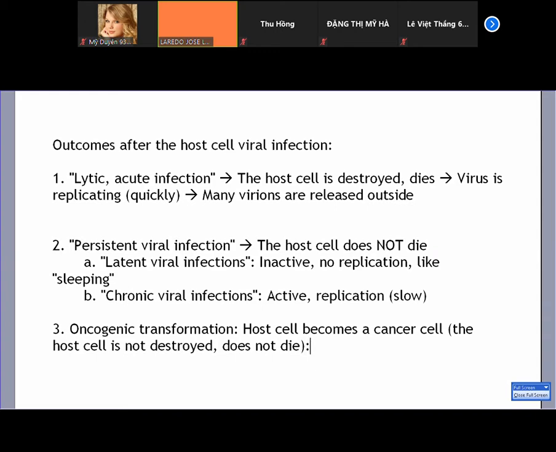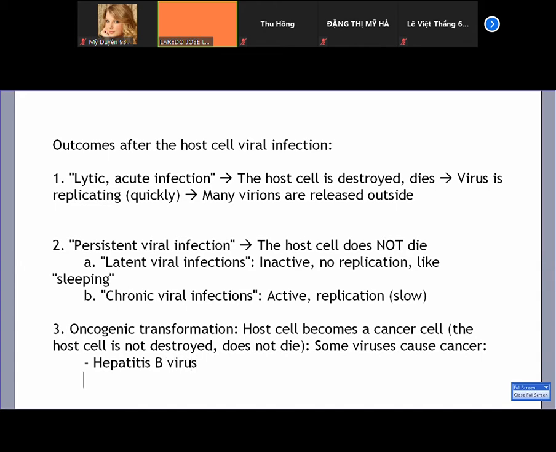So some viruses cause cancer. This is very important. Look, some viruses cause cancer. Mostly 3. There are many, but the most important are 3. Hepatitis B. This is extremely important in Vietnam.